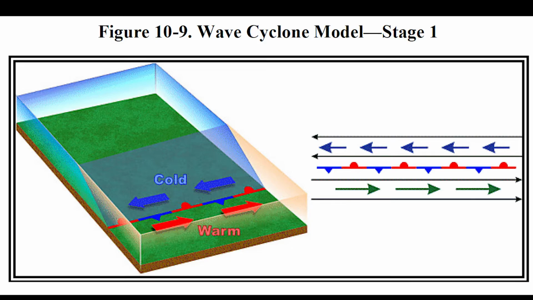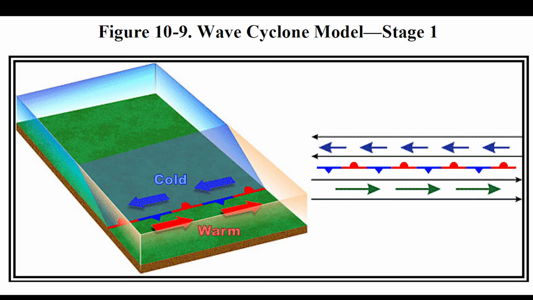Now, we've talked about highs and lows and how the low particularly picks up different air masses and those rotate around it. So there's a series of figures here, starting with figure 10-9.